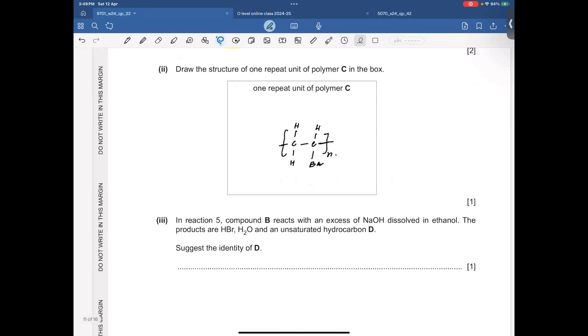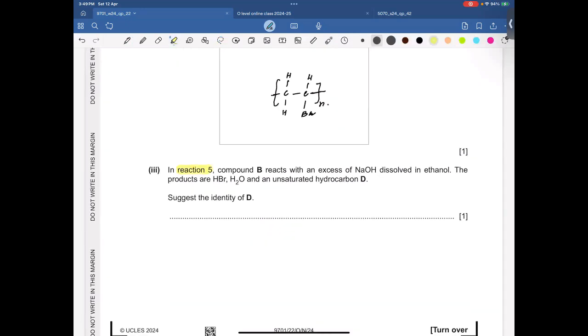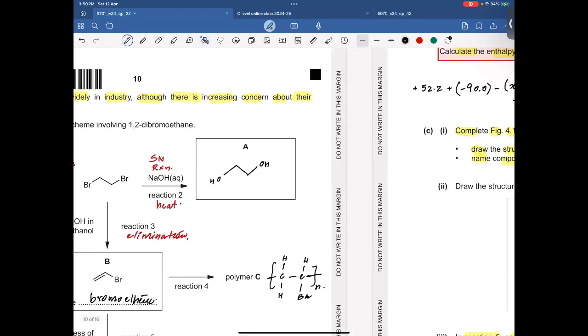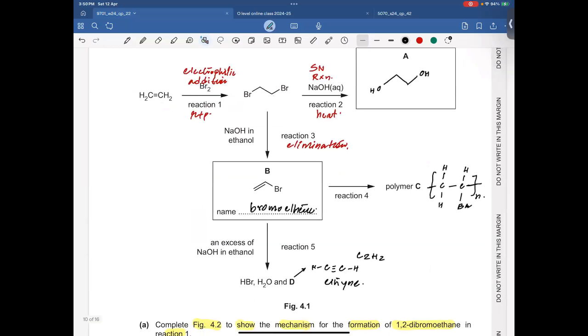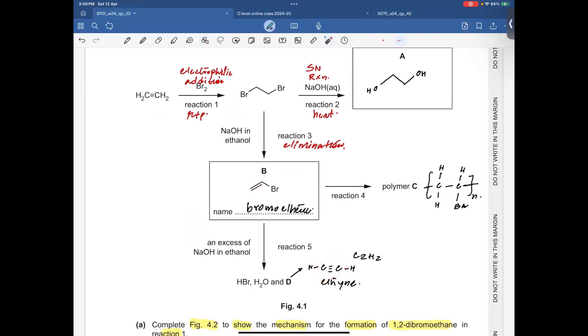Okay. In reaction 5, compound B reacts with an excess of NaOH dissolved in ethanol. The products are HBr, H2O, and an unsaturated hydrocarbon. So this unsaturated hydrocarbon means that either a double bond or a triple bond exists between the carbon atoms. The double bond is already there, so obviously it has to be the triple bond. To satisfy the bonds of carbon, I need to attach one hydrogen here and one hydrogen here.